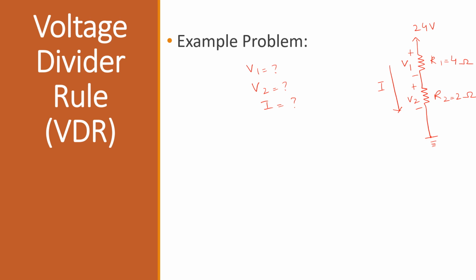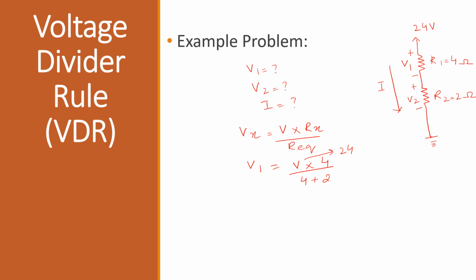We know that Vx equals V multiplied by Rx divided by R equivalent. For V1, the above equation will become V multiplied by 4 divided by 4 plus 2. Here V is 24 volts.